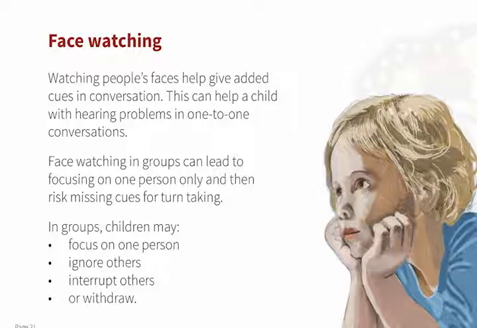And these kinds of behaviours may be seen as some kind of social immaturity or social interaction problems when they derive from these listening problems in noisy environments. It's important to discern the difference between children with underlying social problems and ones whose problems are linked to their listening problems.